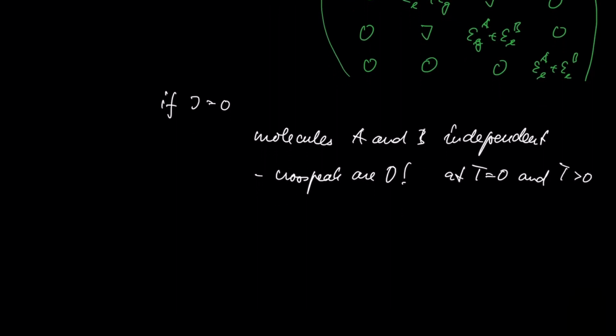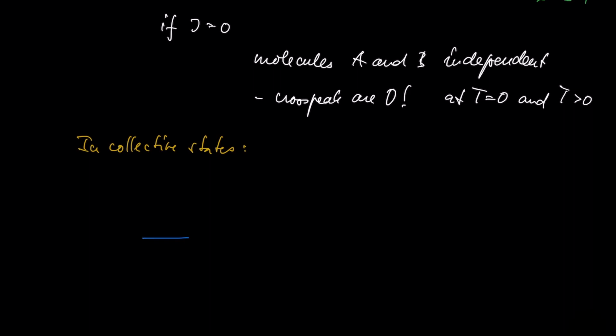Okay, why is it? I mean, I have already actually revealed that, but if we consider collective states, that will be now important. In collective states, we have the following situation. We have some processes that seem to lead to cross peaks.